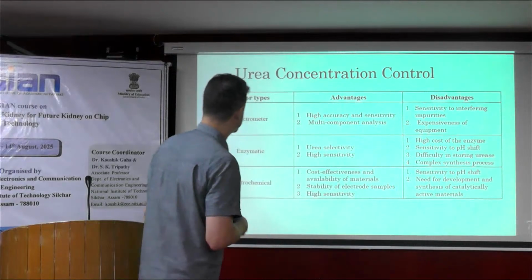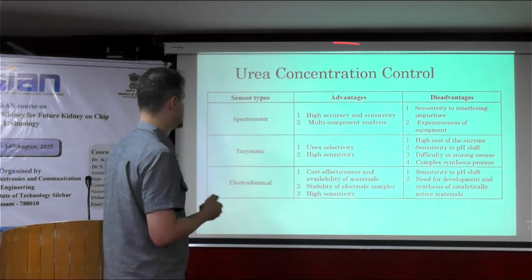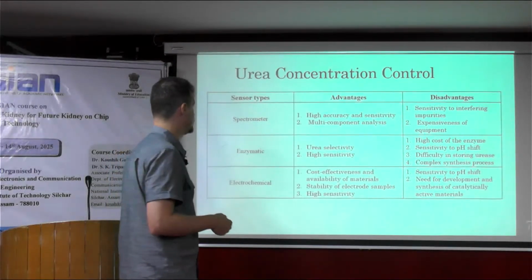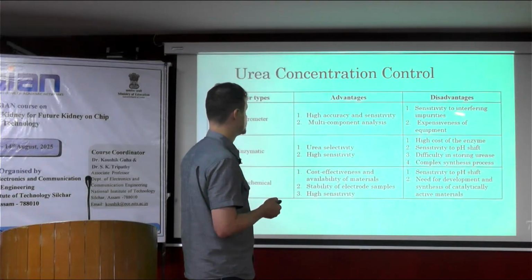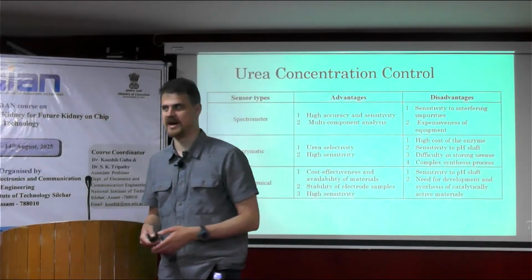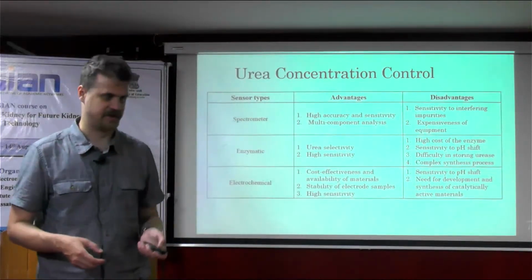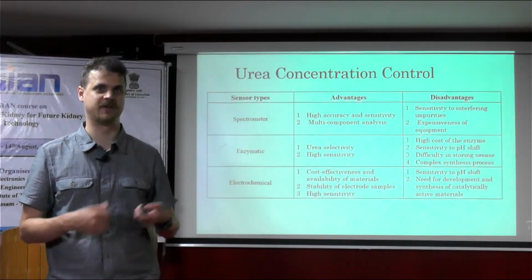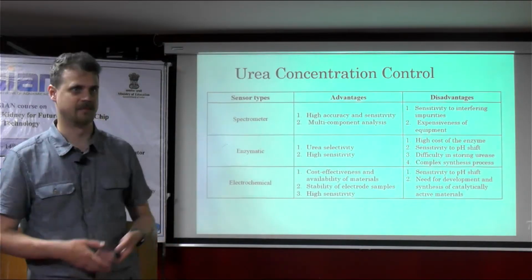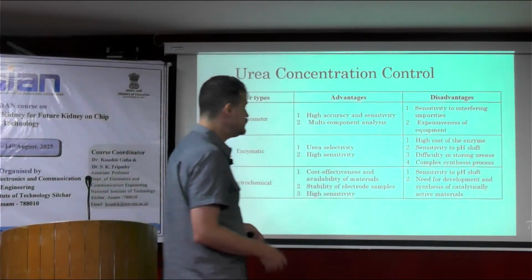So one of the main sensors that has to be taken into consideration will be the urea sensor. Urea concentration control will give us some idea of how fast we eliminate other small-sized molecules like creatinine, uric acid, bilirubin, and so on.